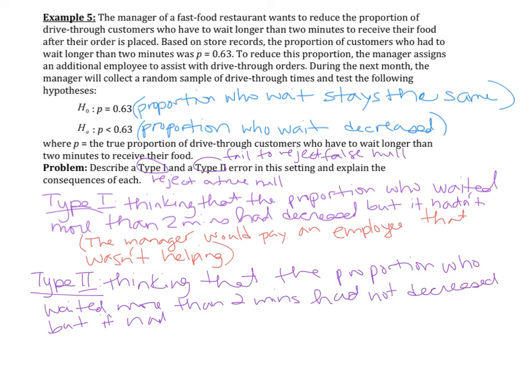So the consequence of this one would mean that most likely the manager would get rid of this employee because the manager would think this person wasn't helping when they actually were. So you can say anything along those lines, but you kind of have to read between the lines and think about what would actually happen if the manager made this mistake, made this error.